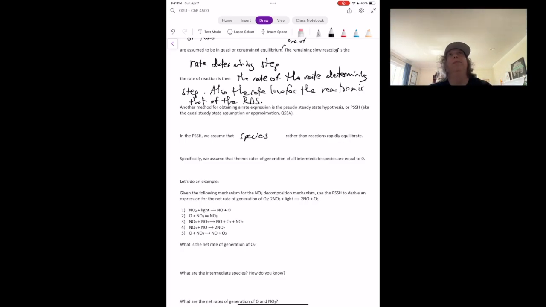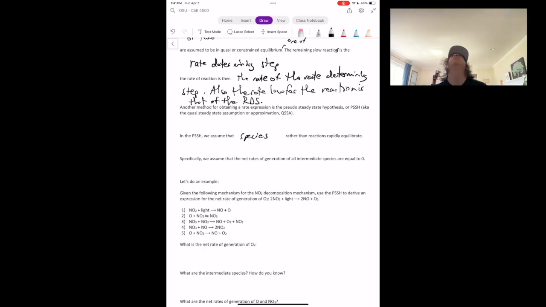Rather than some reactions rapidly equilibrating, we're going to say that certain species rapidly equilibrate. Specifically, the net rates of generation of all the intermediate species are going to come to zero. So all the intermediate species are going to rapidly equilibrate.